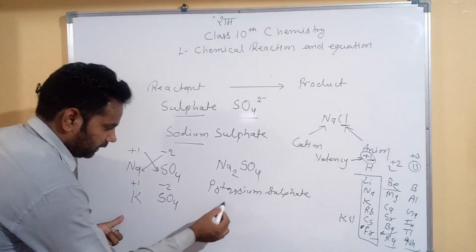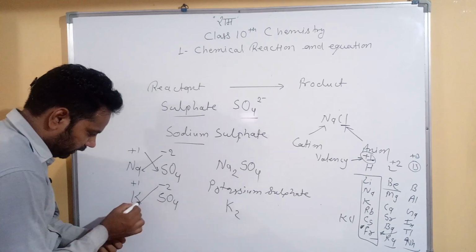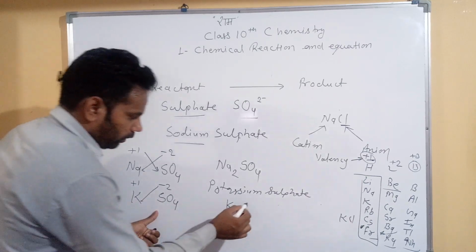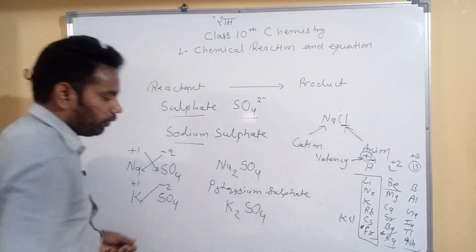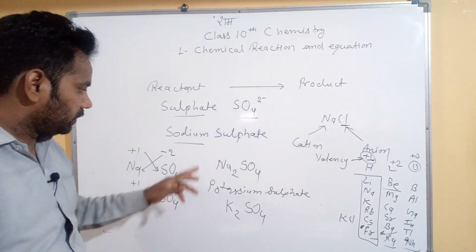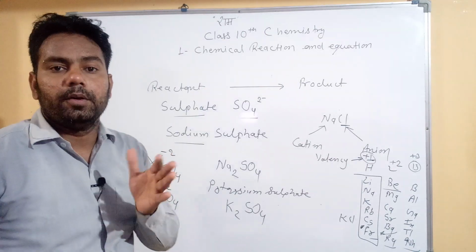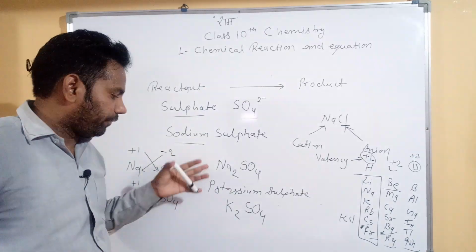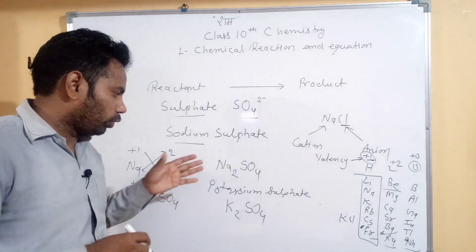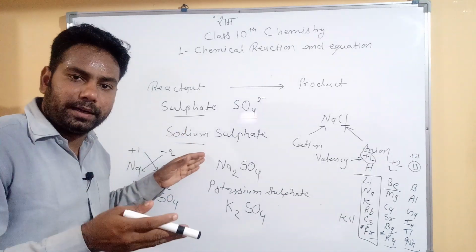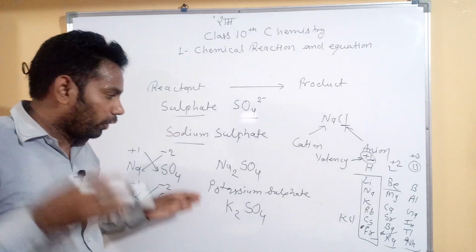So the formula is K2 because 2 here and 1 here. So K2SO4 is potassium sulfate. Check here: sodium sulfate and potassium sulfate have the same formula pattern, only different by metals. Sodium sulfate has sodium metal, potassium sulfate has potassium metal.